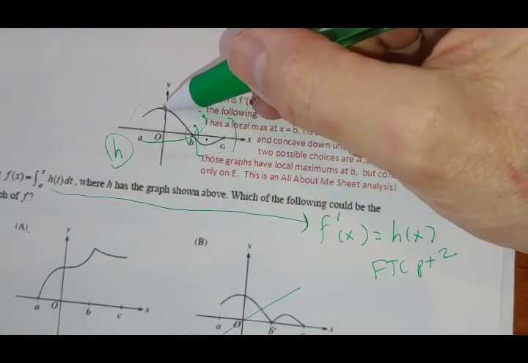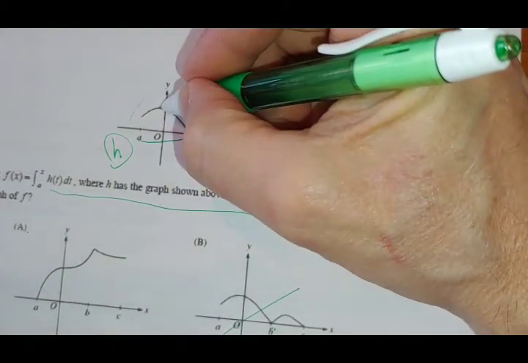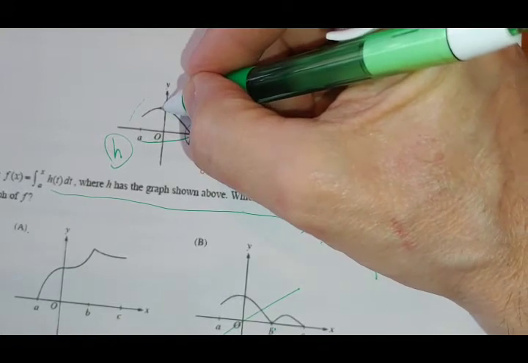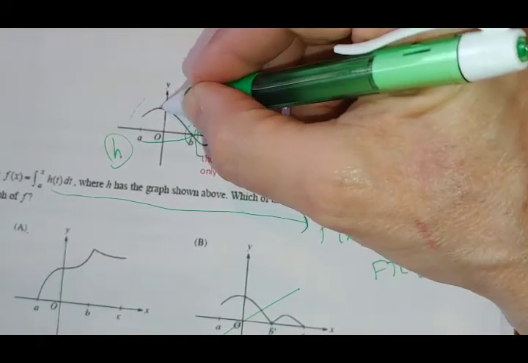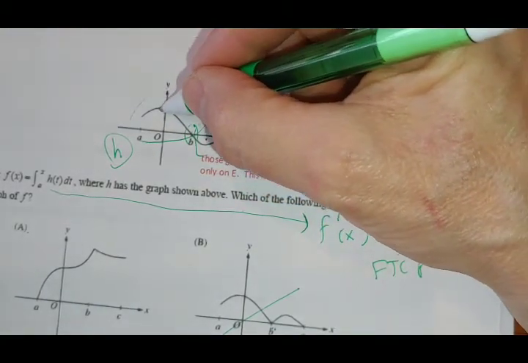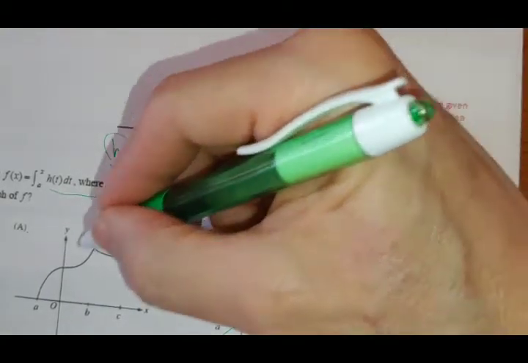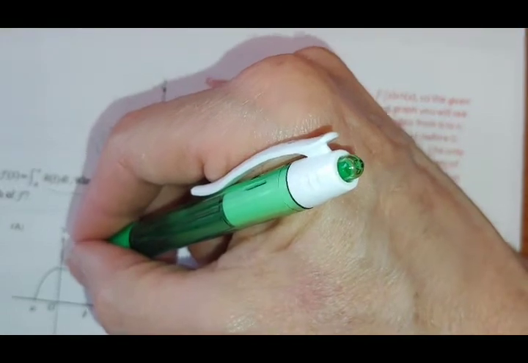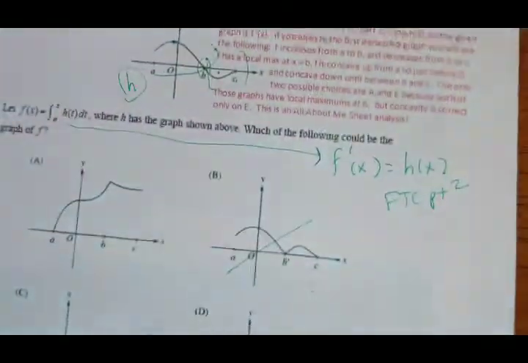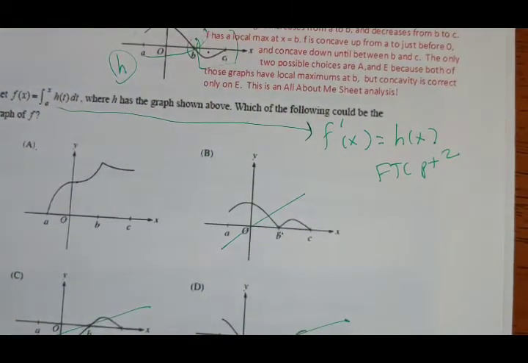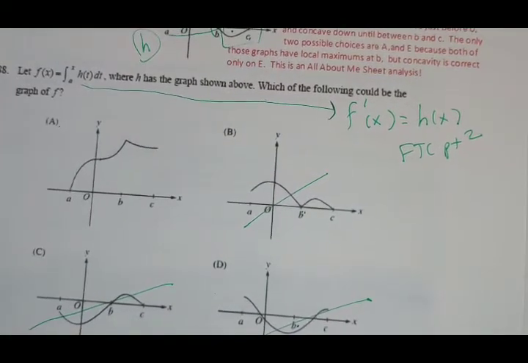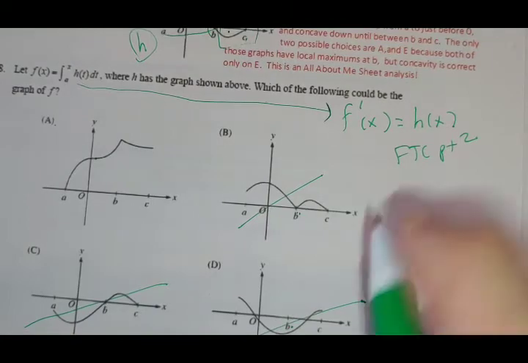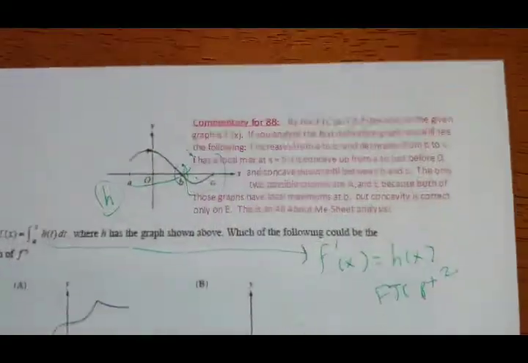There is a local max on the first derivative, so there is a concavity change prior to the y-axis. And here, the concavity change is about here, versus the concavity change is right in here. So that kind of rules E in. You could use that concavity to help rule that out. And again, you can read the commentary for some more details.